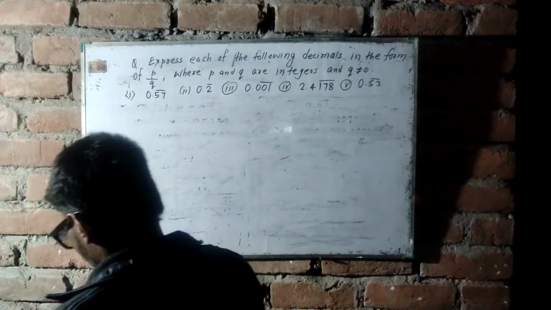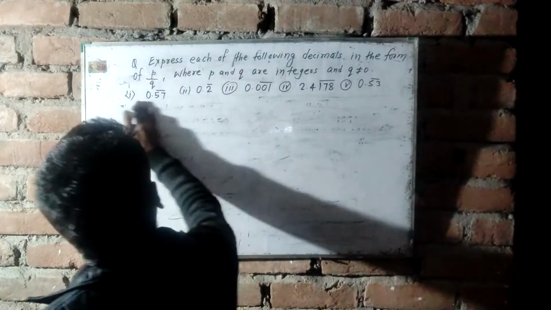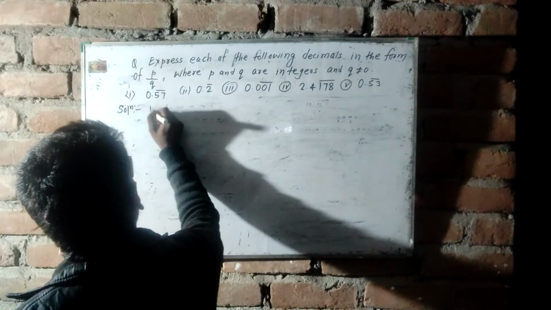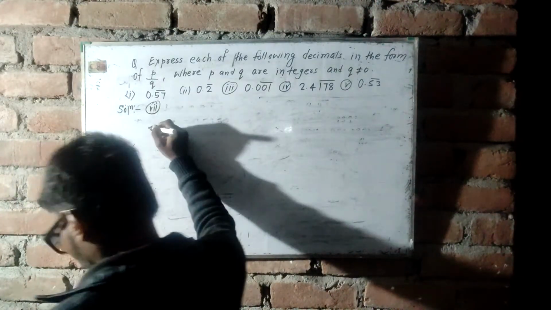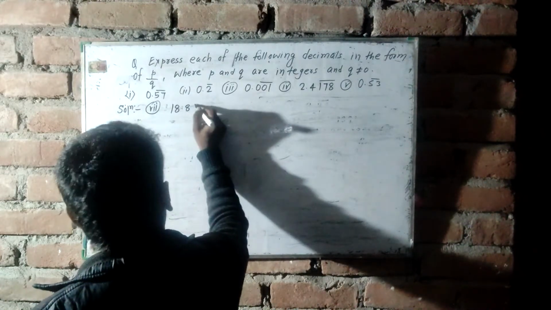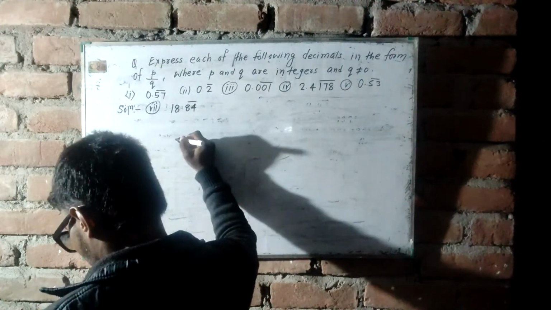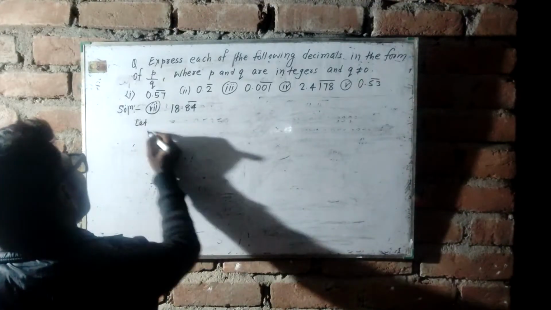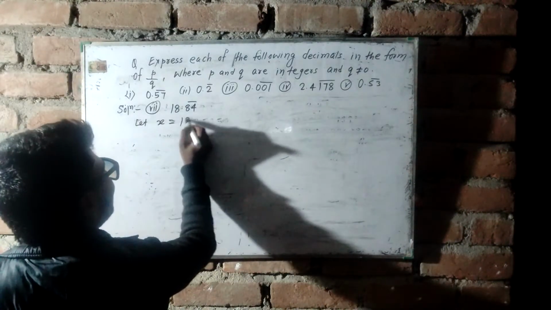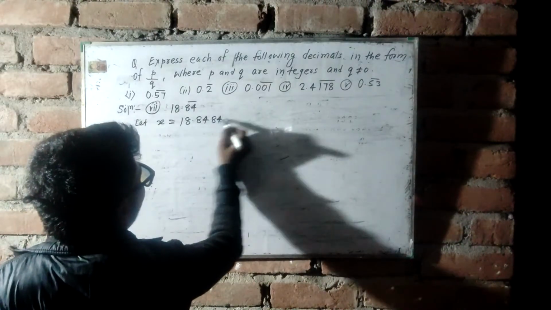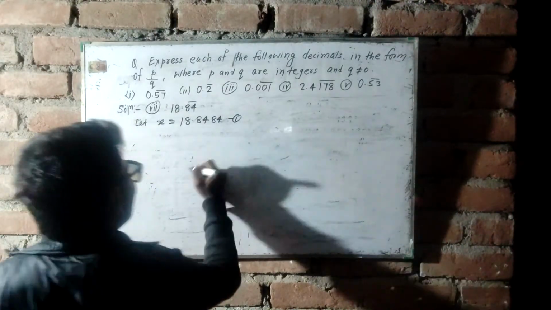Question number 7. 18.84 over bar 84. Let x is equal to 18.84 as an equation first.